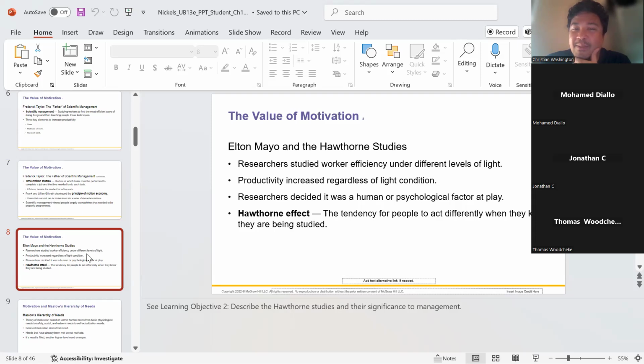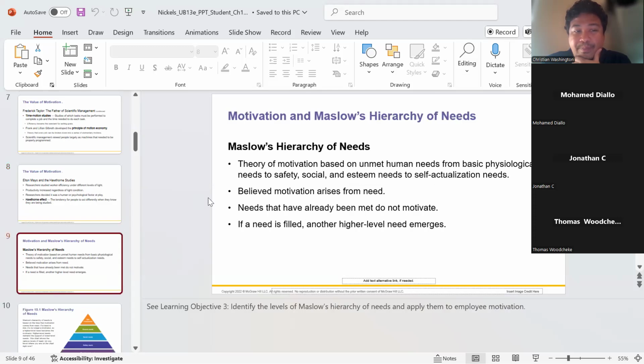So if you think about Elton Mayo and the Hawthorne study, the Hawthorne effect is the tendency for people to act differently when they're being studied. And Elton Mayo, you think about light, the research of how different lighting affects their ability to work, their motivation.